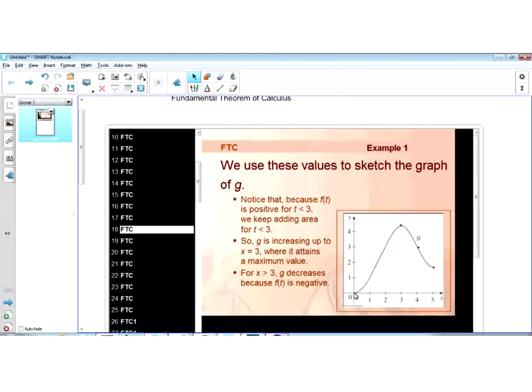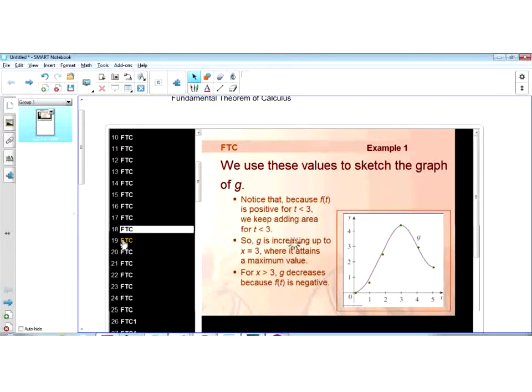So here's 3, 4.3. We know 0 was on the graph, and so forth. And so what they did was connect the points to form a smooth curve like this. So this would be g as a function of x. So here's your graph of g of x.